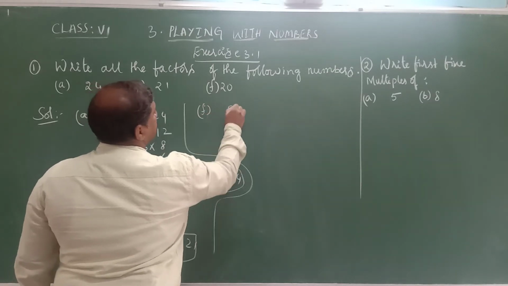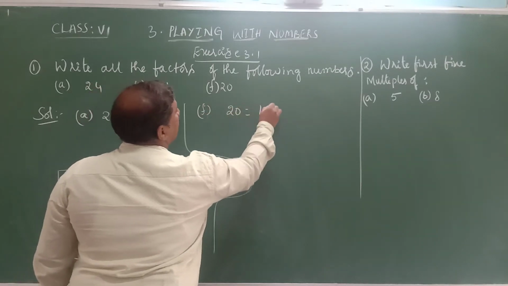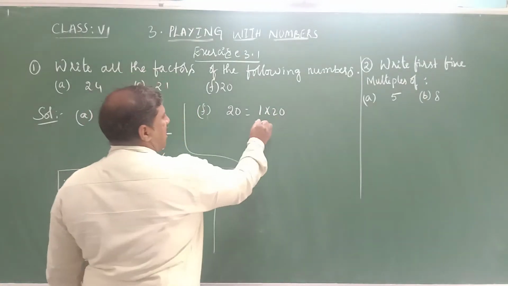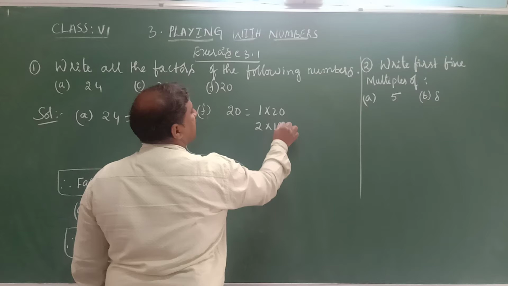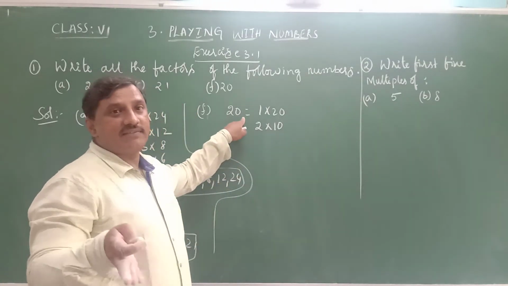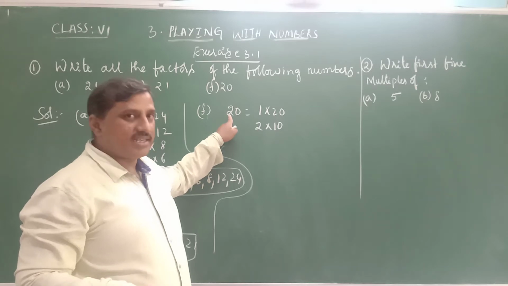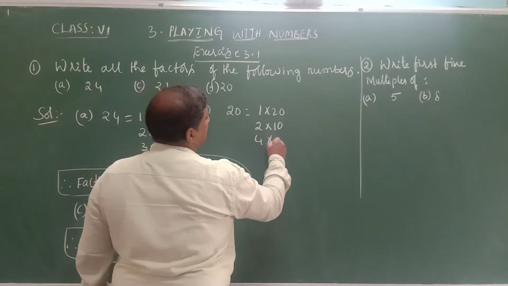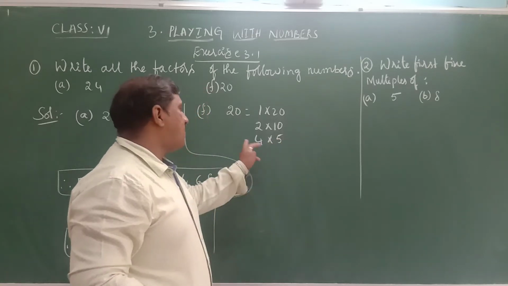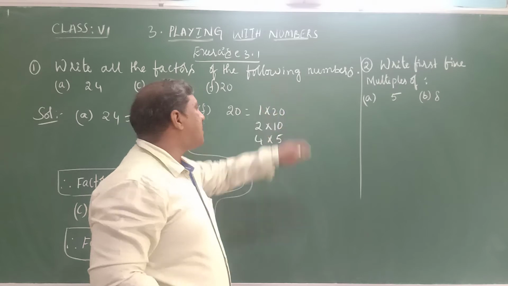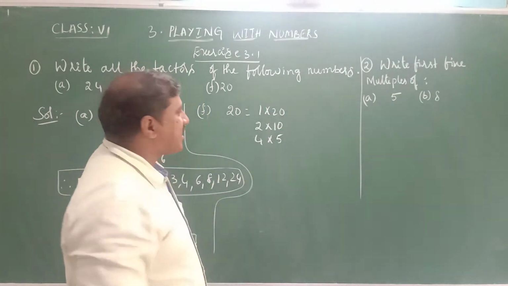Now the C bit. Factors of 20: it is 1 into 20, then with 2, 2 tens are 20, leaves remainder 0. With 3, 3 sixes are 18, 3 sevens are 21, so it is not an exact divisor. With 4, 4 fives are 20. Next, 5 fours are 20, it is repeated. So with this, finding the factors is over.